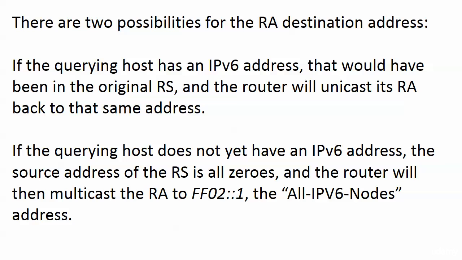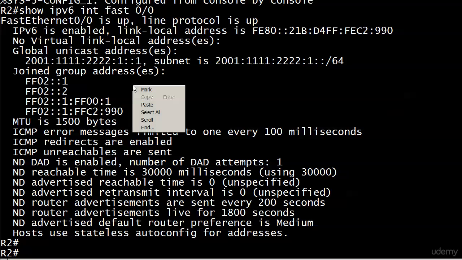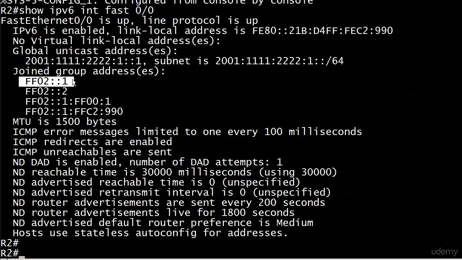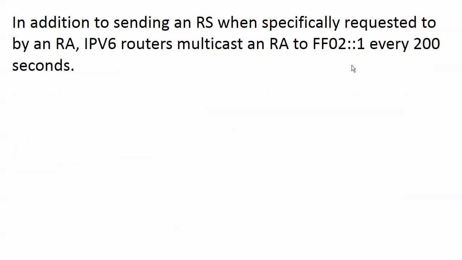That one sounds a little bit familiar as well, and as you can see, our interface has also joined that group, FF02::1. That's our all IP version 6 hosts address, and the one below it, ::2, is the all IPv6 routers multicast address.